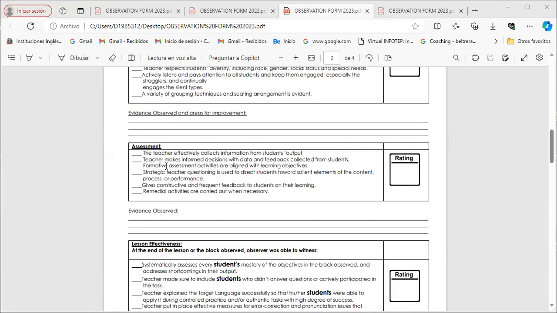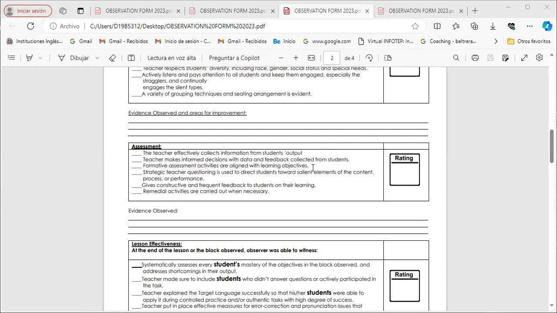Give feedback. Formative assessment activities are aligned with learning objectives. The activities that you noticed the teacher implemented during the block observed matched the objective and give him an idea of the lesson objectives achievement.